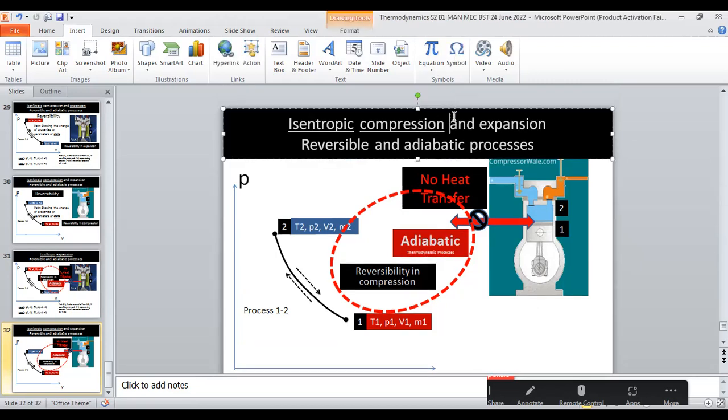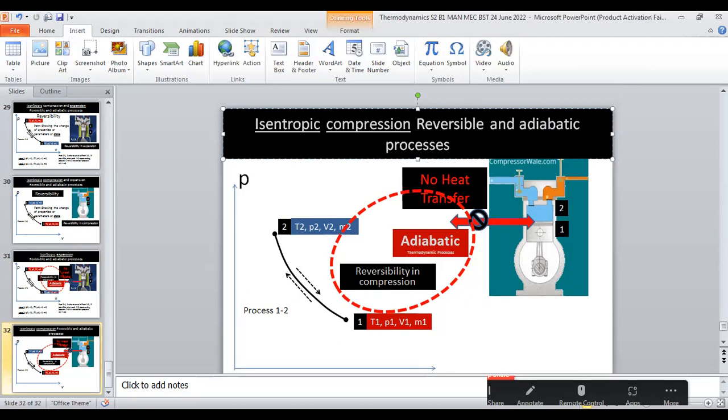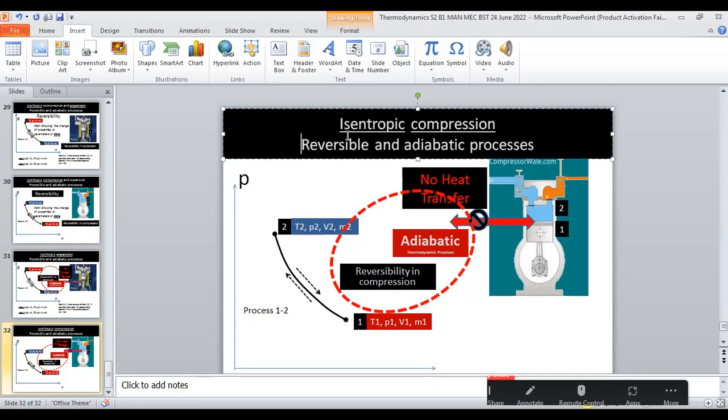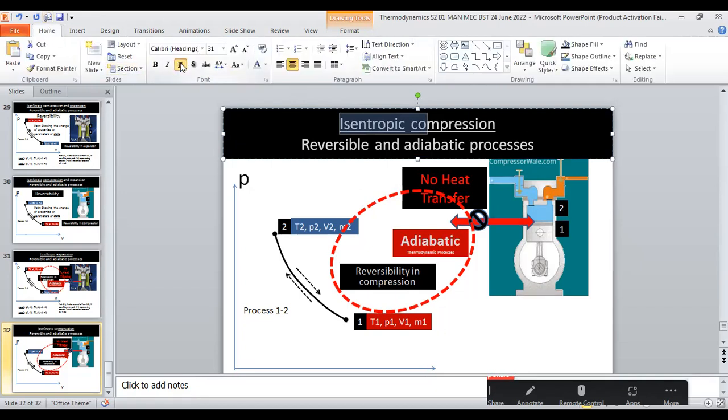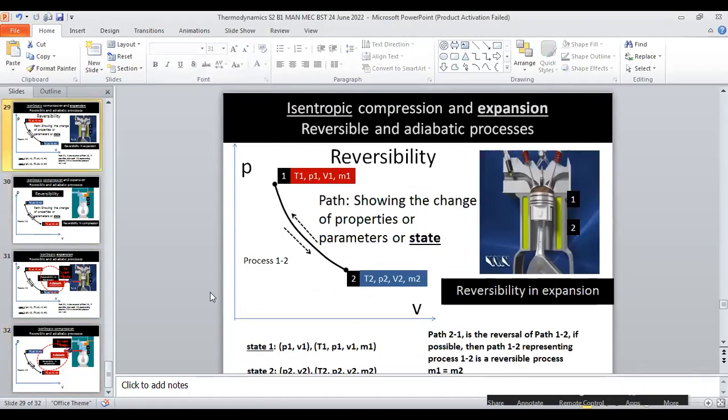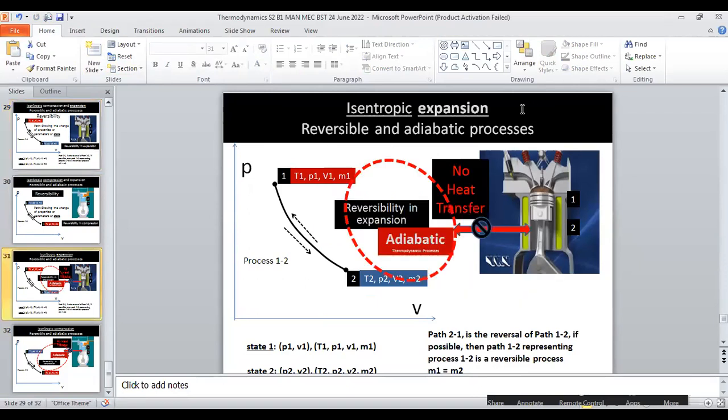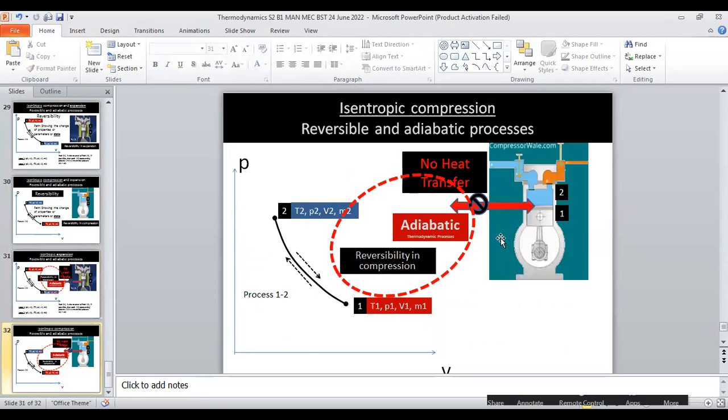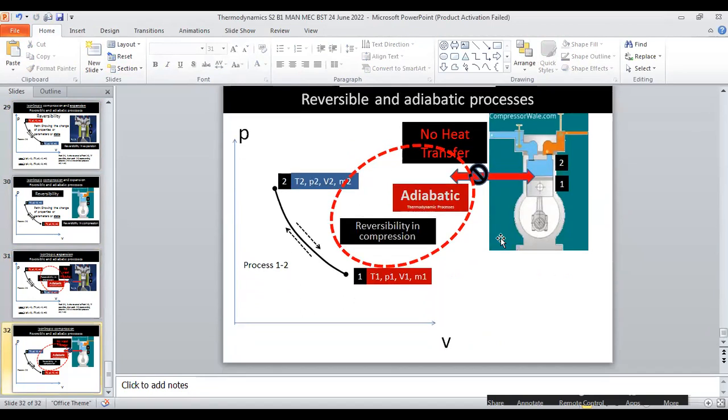So here it's a compression. Okay, isentropic compression. Isentropic expansion. Yeah. Okay, good. So, ideal process.